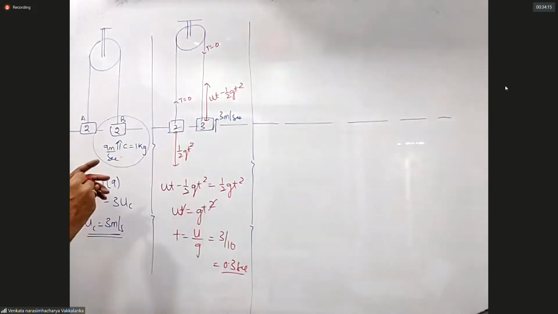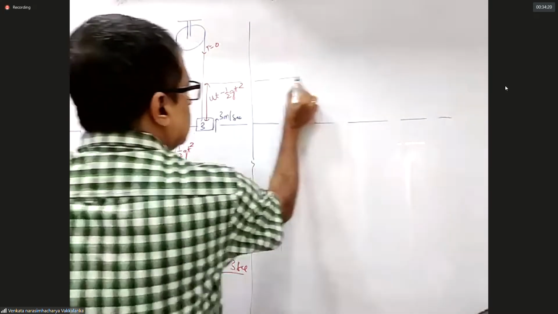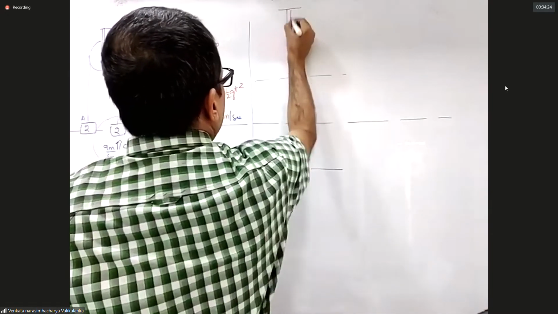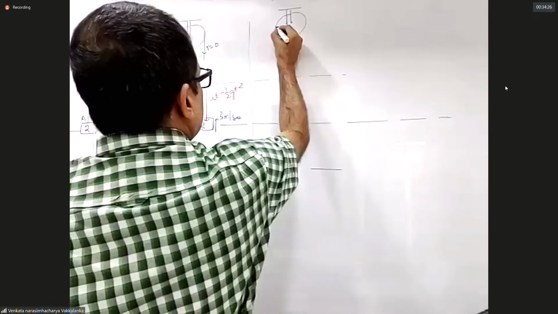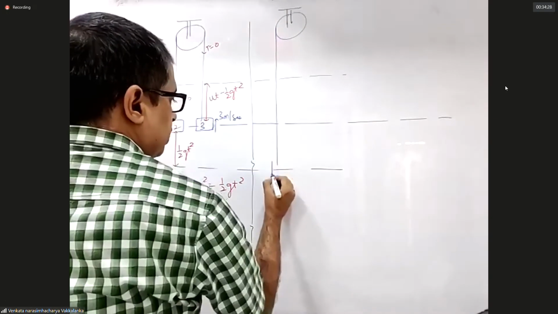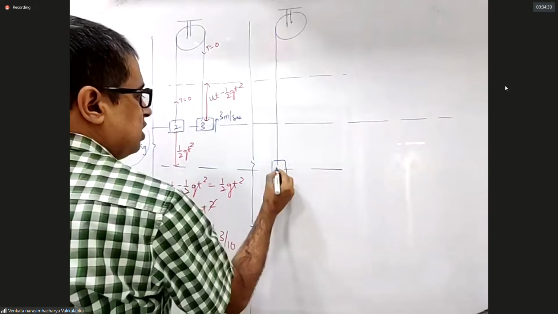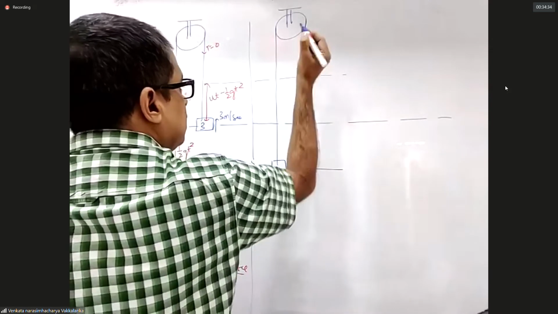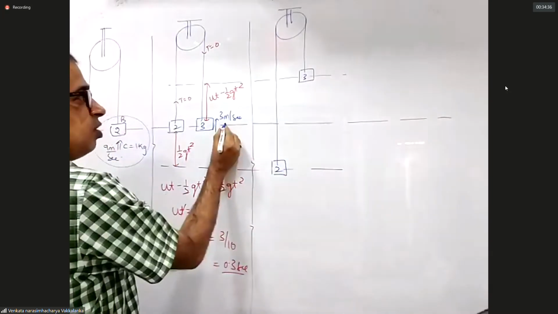Yes, sir. That means when will the string become taut? When this mass of 2 kg came down here and this mass is here, 3 kg. Here the velocity was 3.